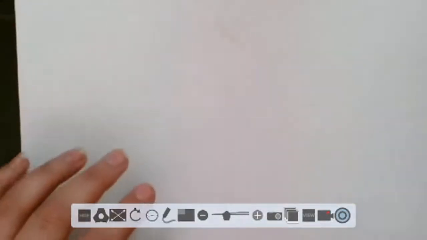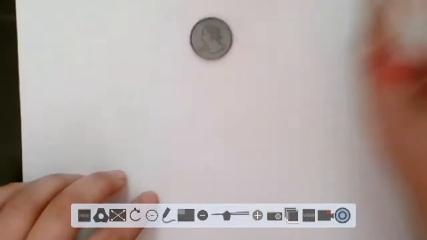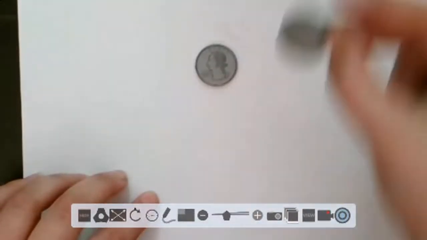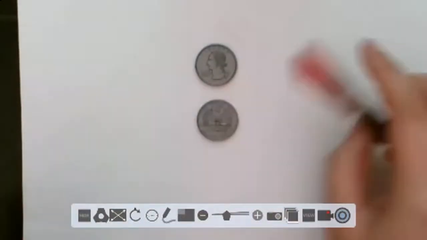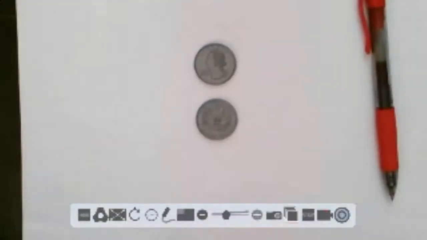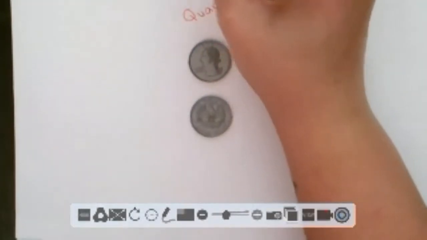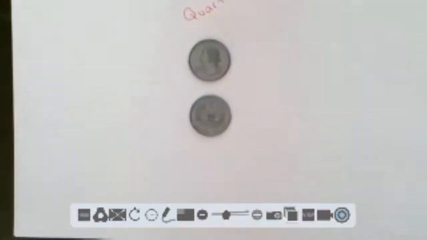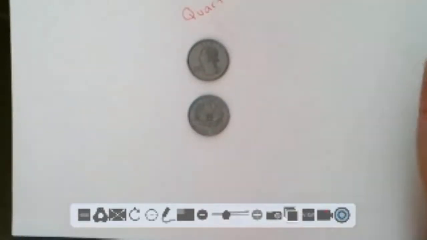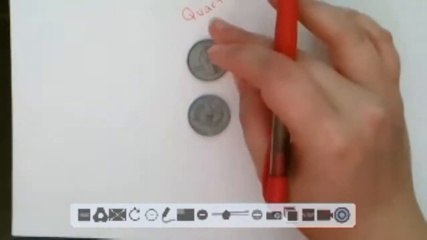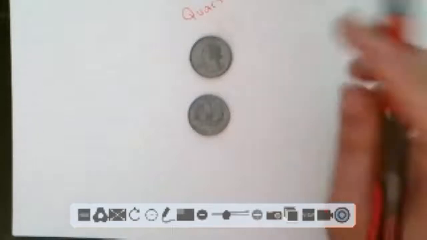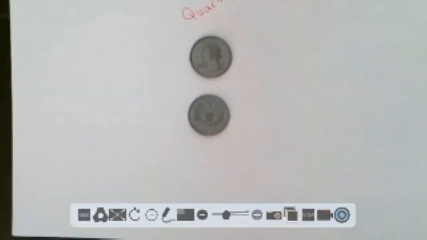And our last coin that we're going to look at is our quarter. On the front is President George Washington, our first president of the United States.